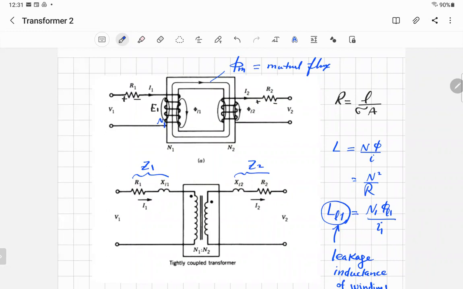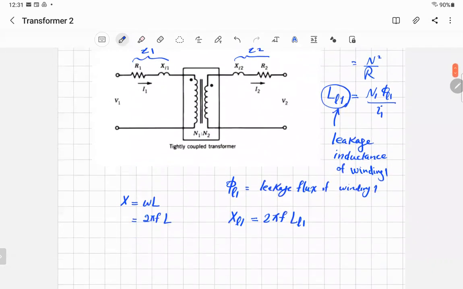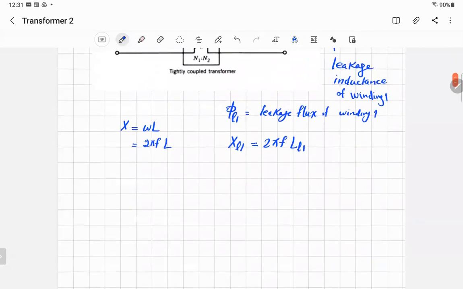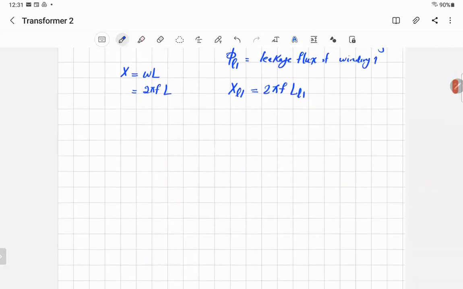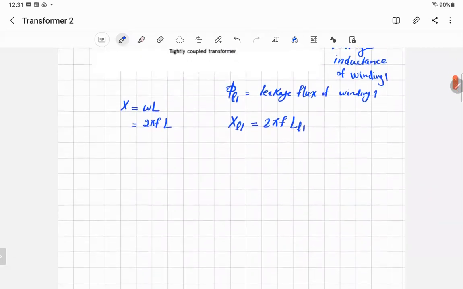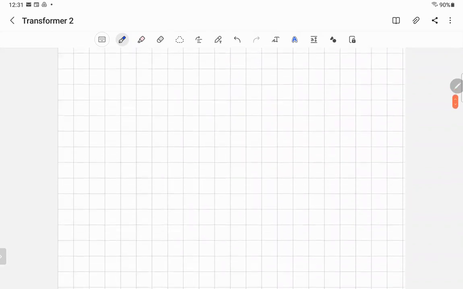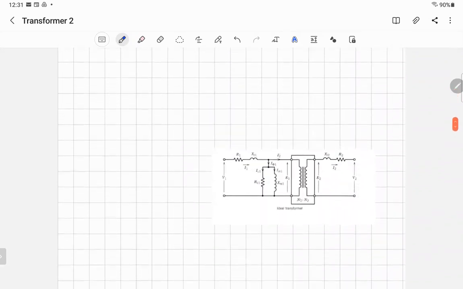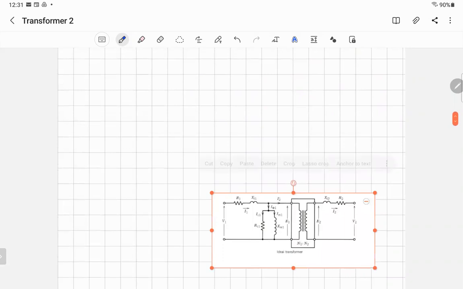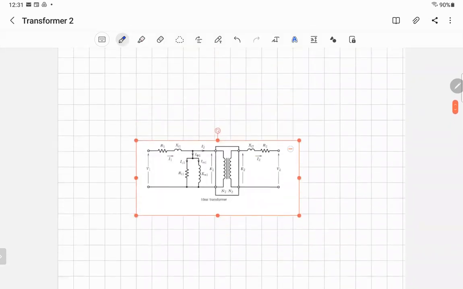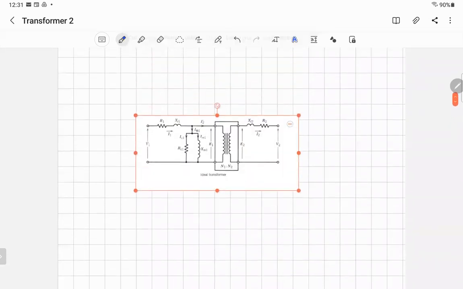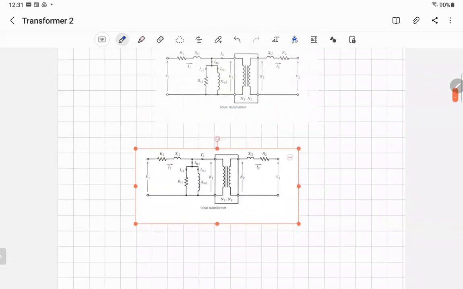How can you represent that? That happens even before you load the transformer. So we can do it, and now we are going to have more elements in the transformer.